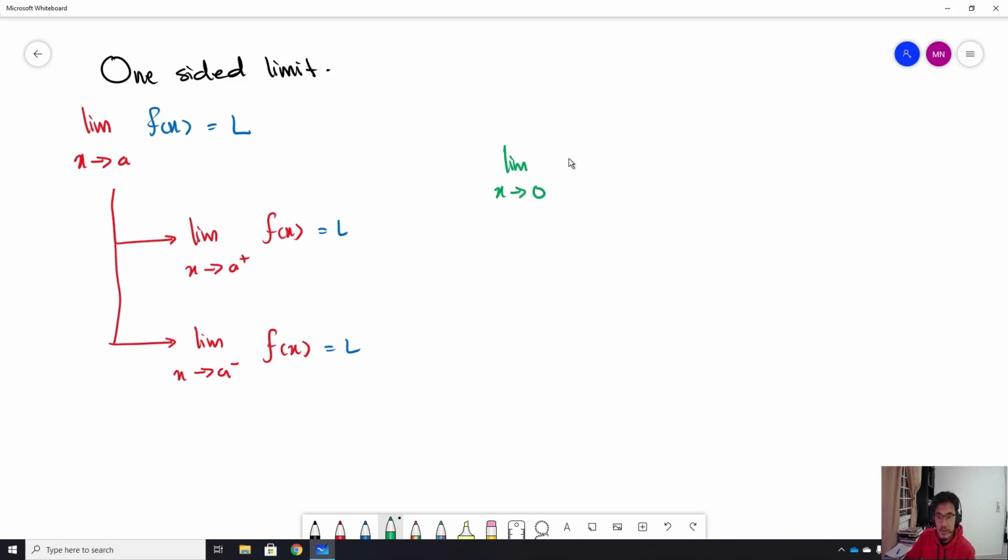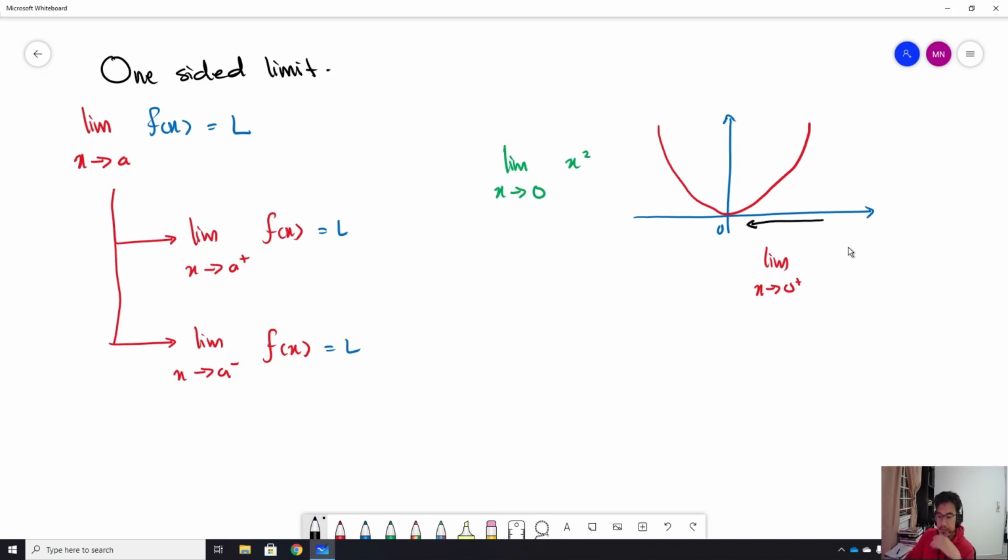For example, let's say we have the limit as x approaches 0 of the graph x squared. Basically, by graph, the function x squared touches the origin and goes up. So this in the middle is the value of 0. The limit as x approaches 0 from the right means the value of x is approaching 0 from the right side of the graph.